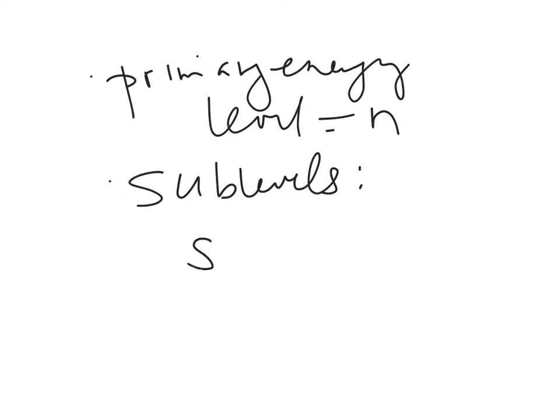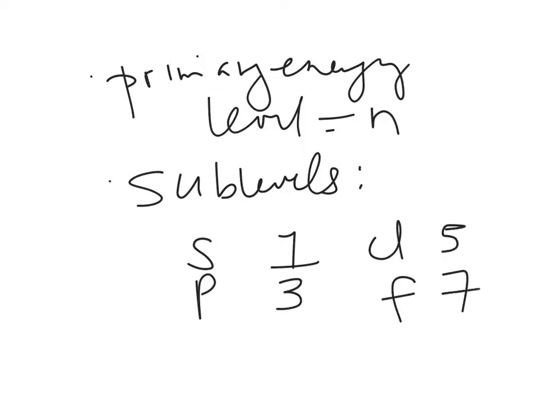So for S, there is 1 of them. For P, there are 3. For D, there are 5. And for F, there are 7. And each one of these sublevels can hold 2 electrons each. So that means you can have a total of 2 electrons in an S sublevel.